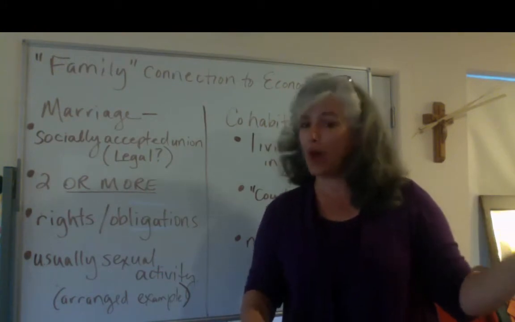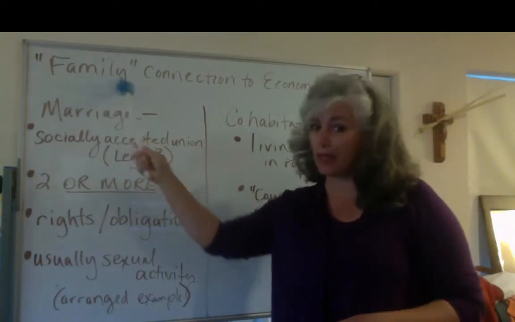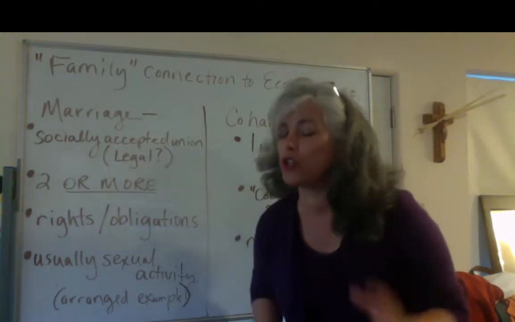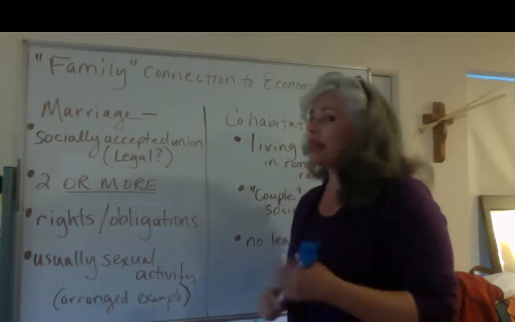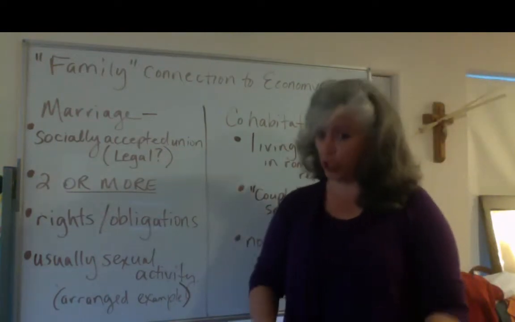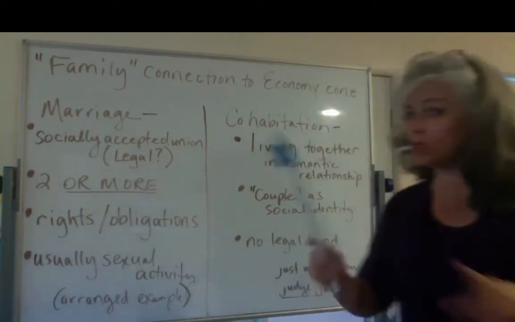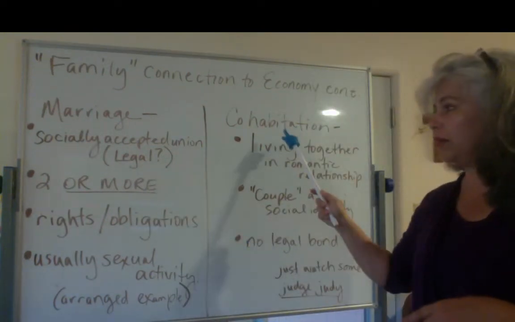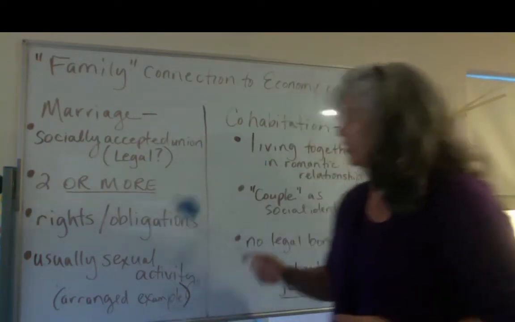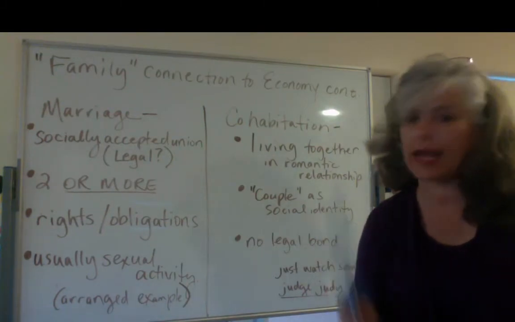This conversation is a continuation about how family, see how I've got a capital F here, we're talking about macro scale structures of the family, are linked not only to the economy, but other social arrangements in our society, marriage, and also something we're going to talk about today, cohabitation, or what your grandma calls shacking.